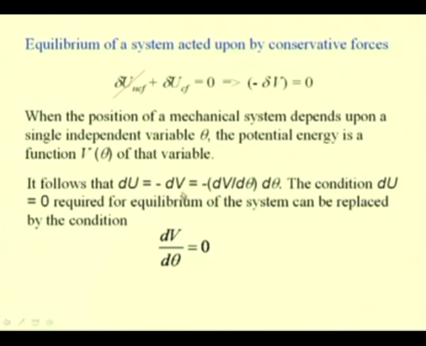Then we can redefine the equilibrium as dU, which is the change in the work, is equal to minus dV, which is minus dV by d theta times d theta, and since this has to be 0, dV by d theta is equal to 0. So, the condition that the virtual work is 0, required for the equilibrium of the system, can be replaced by the condition dV by d theta equal to 0.